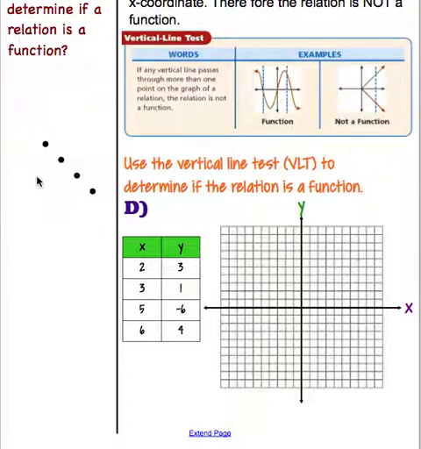So I've got my 4 points. I have to map at 2, 3. So go over 2, up 3. I have 3, 1. Over 3, up 1. Over 5, down 6. 2, 4, 6. And 6, 4.